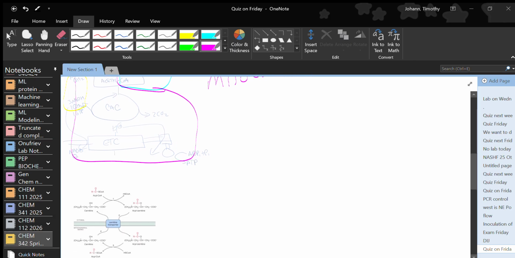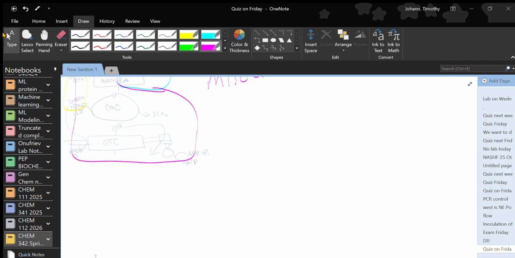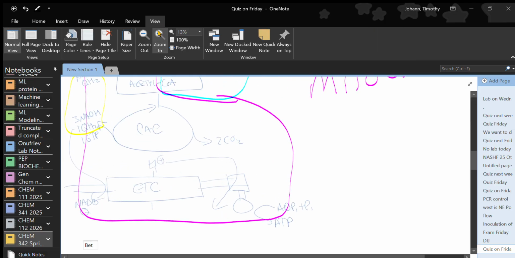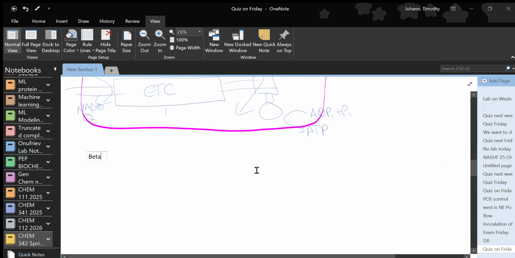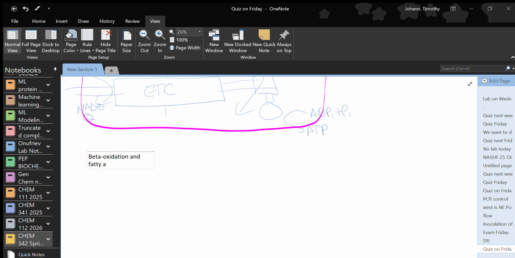All right, so let's talk about how we get fatty acids into, well, actually, let me write out the thing about compartmentalization real quick. Beta oxidation and fatty acid synthesis occur in different compartments.